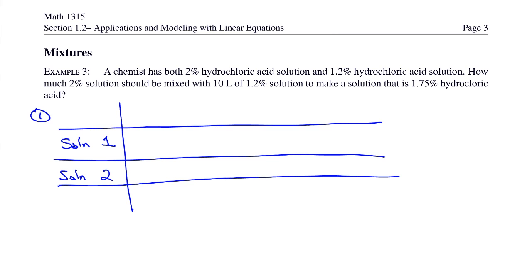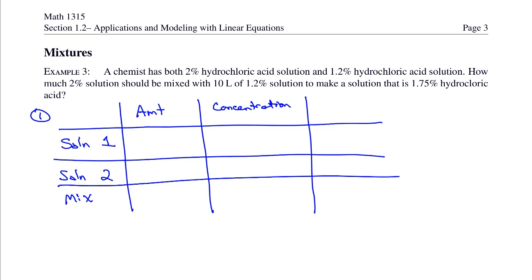And then we're going to have the mix. Now, the amounts of solution that we're going to use, along with their concentration, if I multiply the amount of solution times the concentration of that solution, that'll tell me how much of the actual chemical I have.